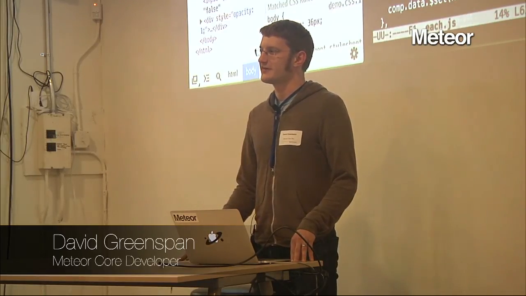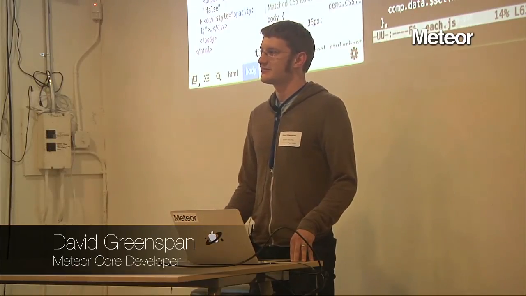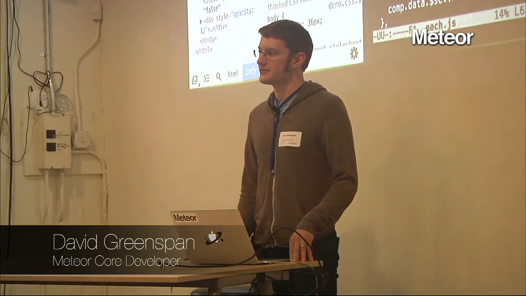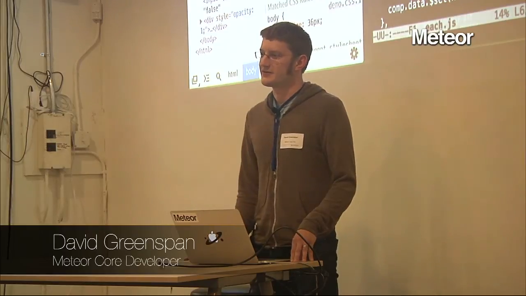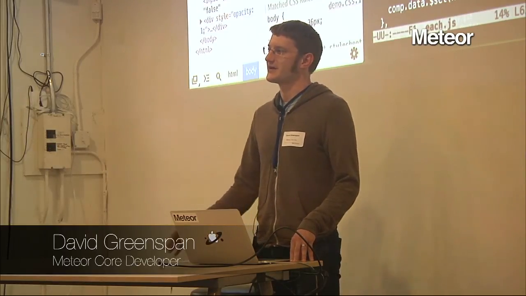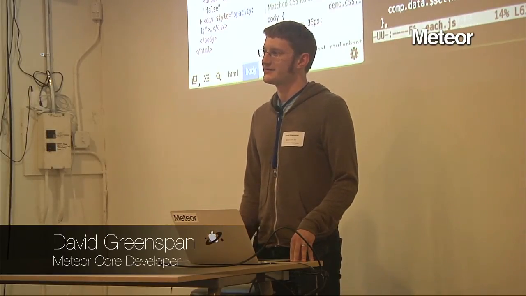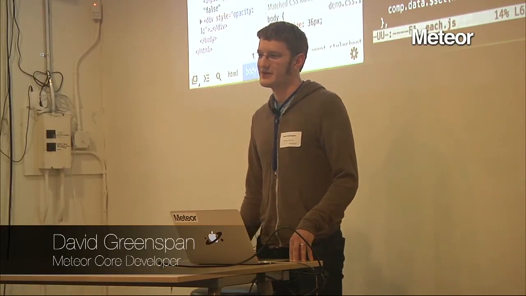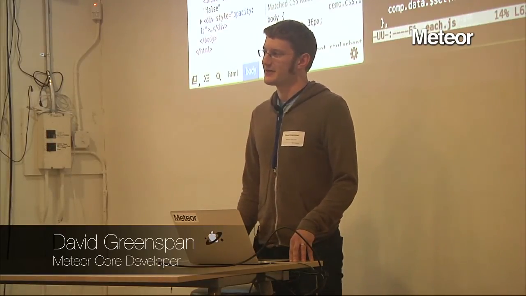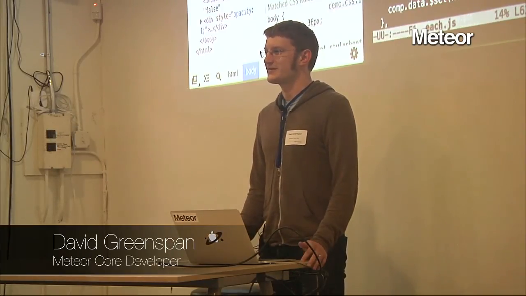Because components don't necessarily have a single top-level element, they might have any number of top-level elements, there's no easy way to express to jQuery, search this range of the DOM. Like, I want to find divs of class my div, but only if they're in children 5 through 10 of this container div. So it's basically a convenience.